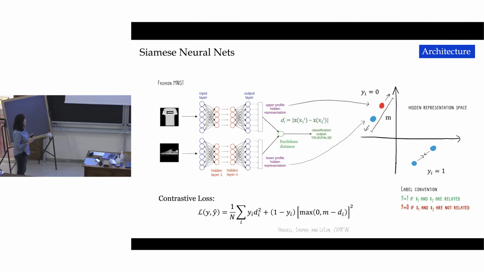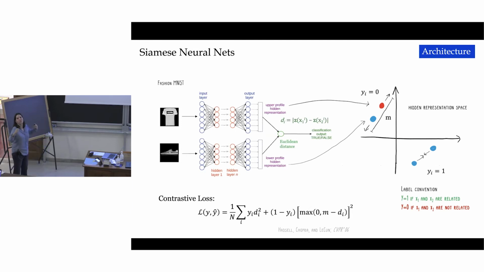So what's the idea? With this convention, if y equals 1, this term is 0, and I want to minimize the distance. So what the network is doing in the hidden space is collapsing points that are similar. If it's different, this term is 0. I want to minimize this term, so I want to pull apart things that are different until some margin, right?